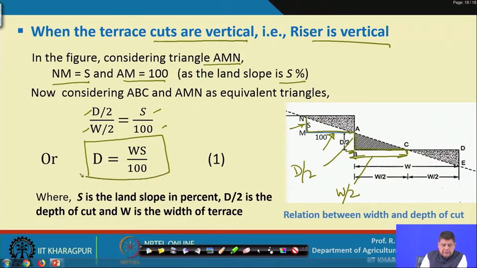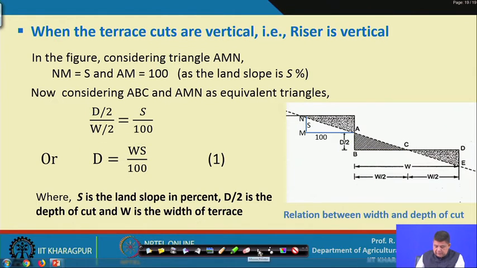So, this is the relationship between D, which is nothing but twice the depth of cut or the vertical interval, W, the width of the terrace, and S, the land slope in percent. D by 2 is the depth of cut. So, very simply we can find a relationship between D and W, that is D equals WS by 100, when the terrace cuts are vertical or the riser is vertical.